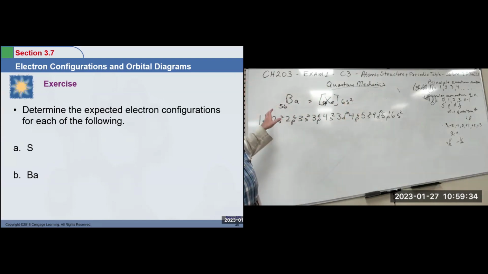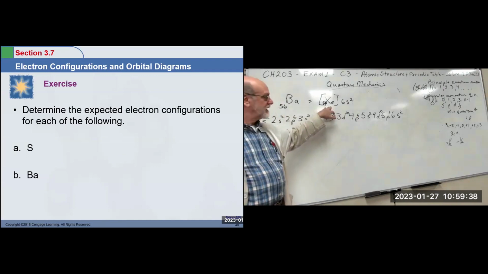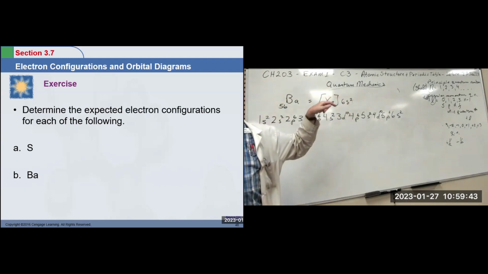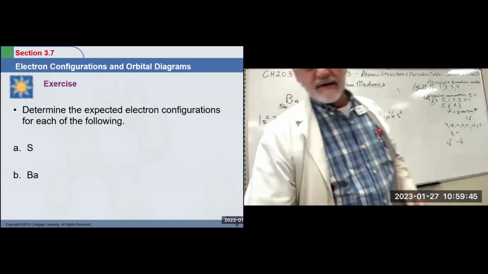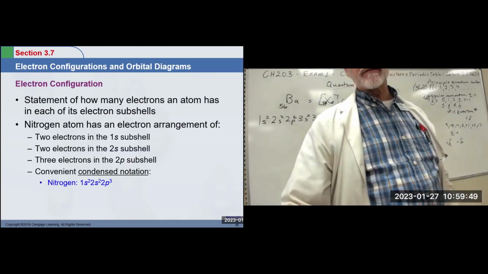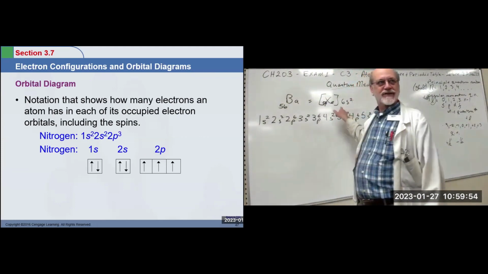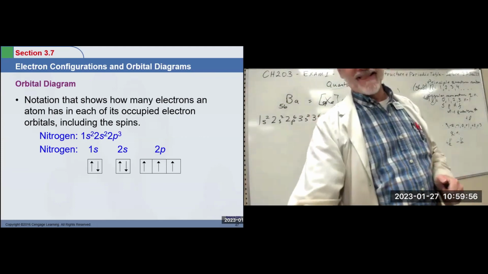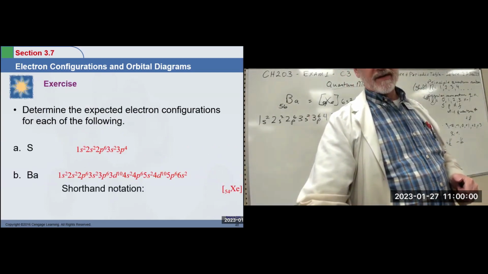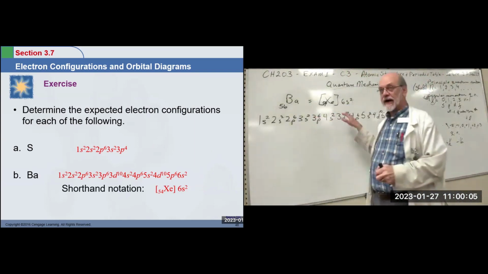So barium can be viewed as the electron configuration of xenon plus 6s2. That's the condensed notation. This is the ultra condensed, or shorthand. Okay, that we can simplify.